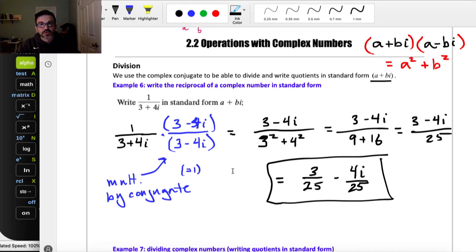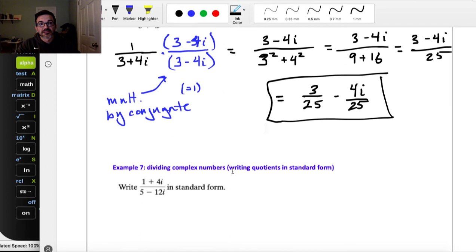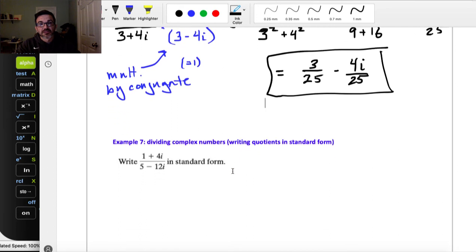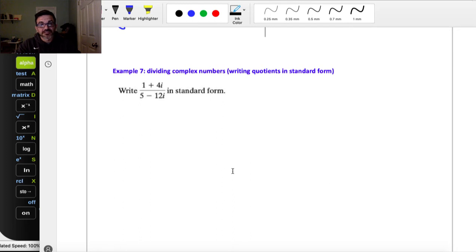So moving on to the next example. We're going to divide these complex numbers. So basically division, when you have a fraction, that's basically division, right? The numerator divided by the denominator. So we want to write this in standard form.